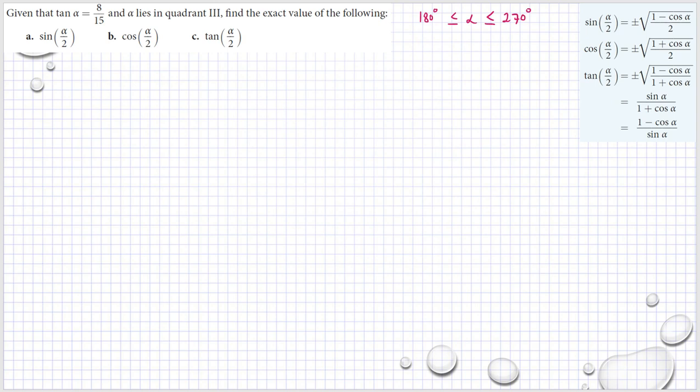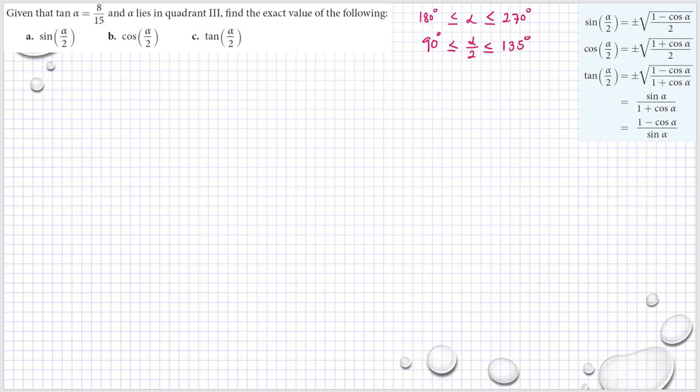So if we want to find alpha over 2, then this will become 90 degrees, and this will become 135 degrees. So it will be in the second quadrant.